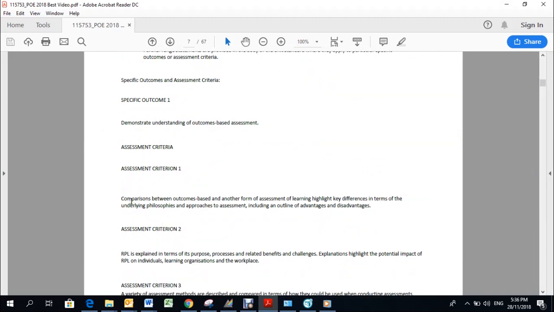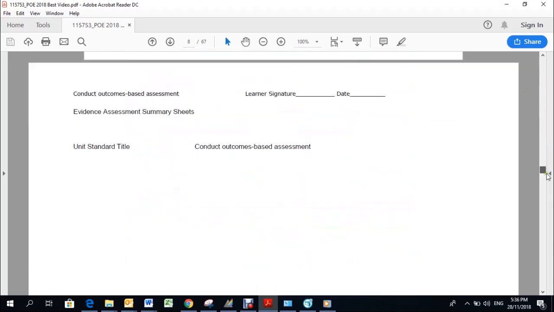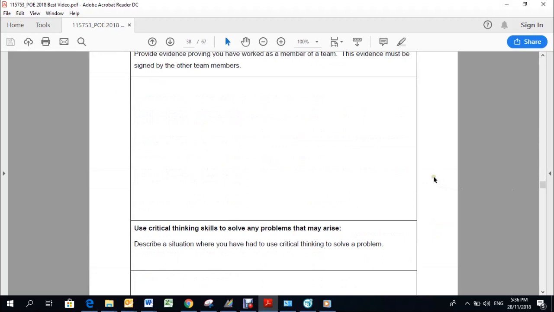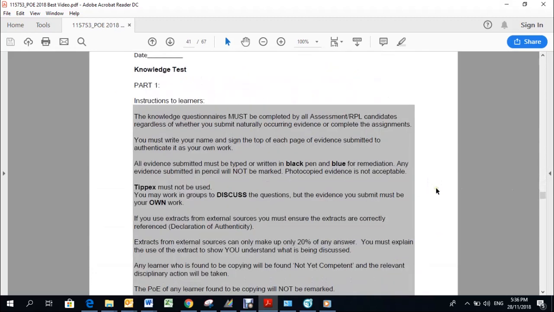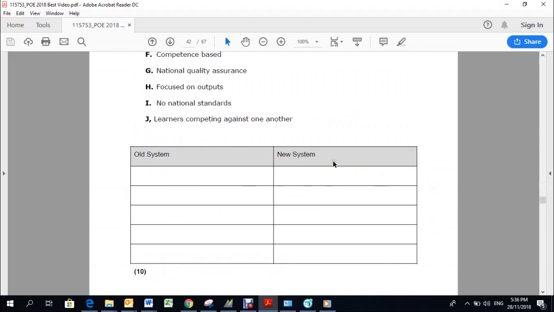Comparison between outcomes-based and another form of assessment of learning highlight key differences in terms of the underlying philosophies and approaches to assessment, including an outline of advantages and disadvantages. So if we go back to that page, we are going to see that we are comparing the two systems, which is the old system and the new system. So I'm just going to pick 1 or 2 or 3 to show you how you do it.